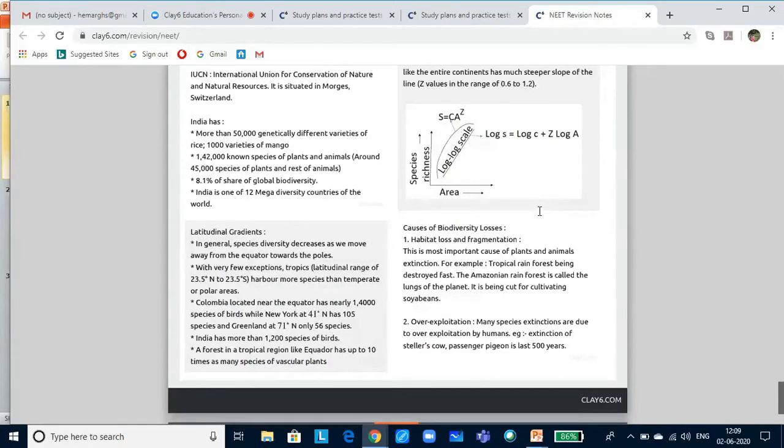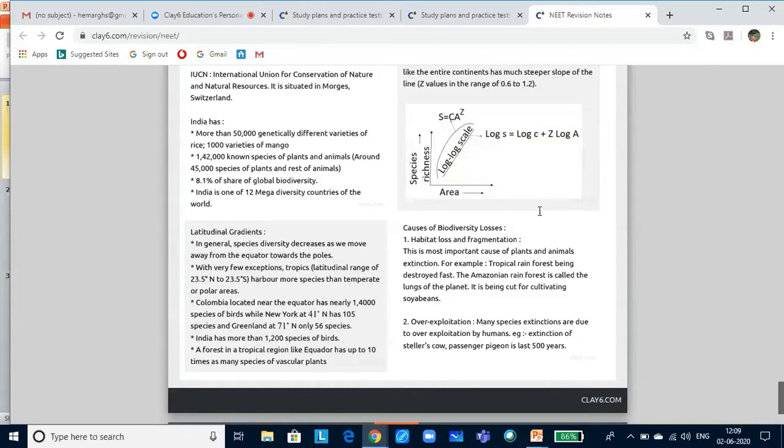Now let us look at what are the reasons for biodiversity. The main reasons for more diversity in the tropics than the temperate region are: species formation, or speciation, is a part of evolution. Unlike temperate regions, which were subjected to frequent glaciation for much time in the past, tropics remained relatively undisturbed for millions of years and had a long evolutionary time for species diversification.